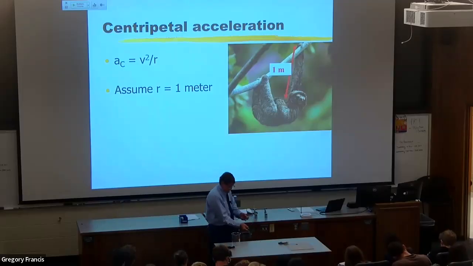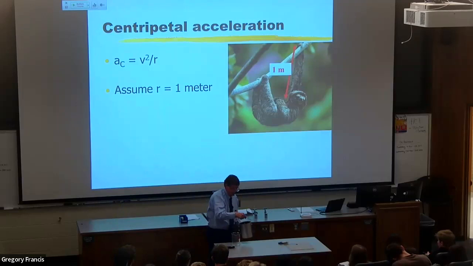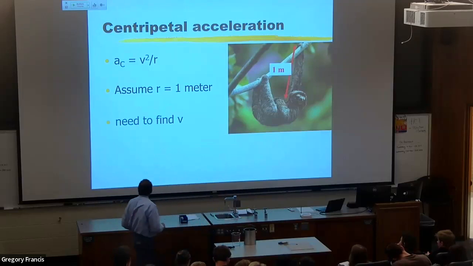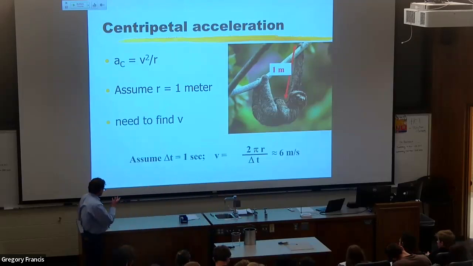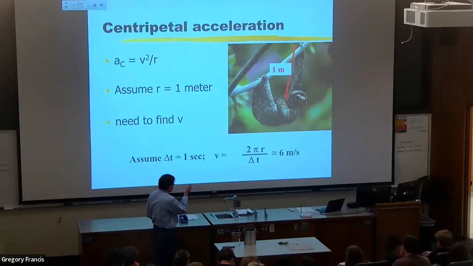Well, let's say that I make this go around once every 1 second. 1 1,000, 2 1,000, 3 1,000, 4 1,000, 5 1,000. So if I take delta t to be 1 second, and I take the radius of my circle to be 1 meter, then it goes a distance 2 pi r, 2 pi times 1 is 6.28 meters for every 1 second.